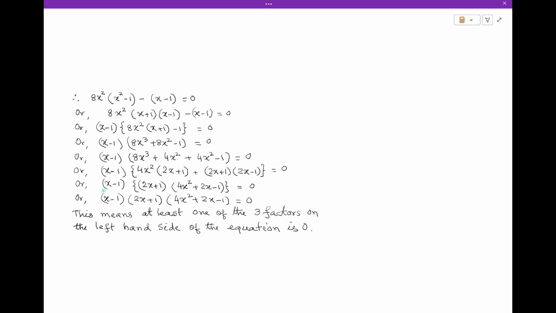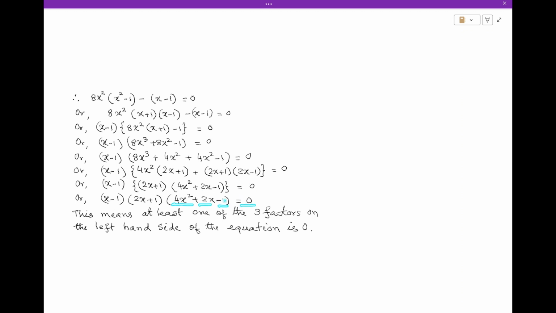Or x minus 1 multiplied by, if you take 2x plus 1 common between the two terms, we get 2x plus 1 multiplied by 4x squared plus 2x minus 1 is equal to 0. Or x minus 1 multiplied by 2x plus 1 multiplied by 4x squared plus 2x minus 1, and that is equal to 0.